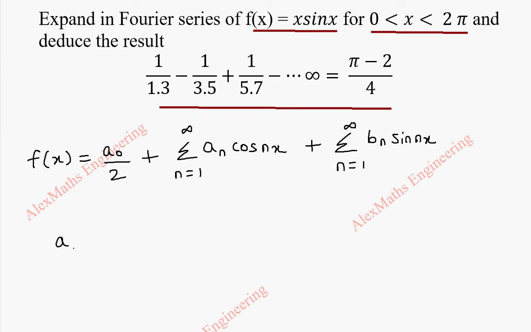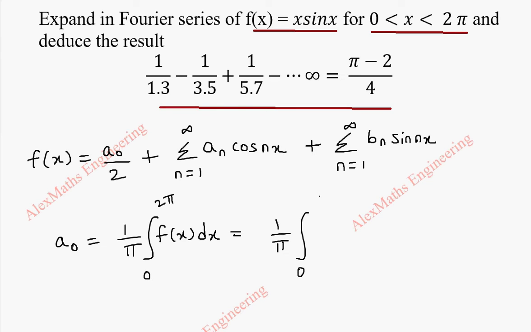Now the formula for a naught is 1 by pi integral 0 to 2 pi f of x dx. And now this is 1 by pi integral 0 to 2 pi x sin x dx.